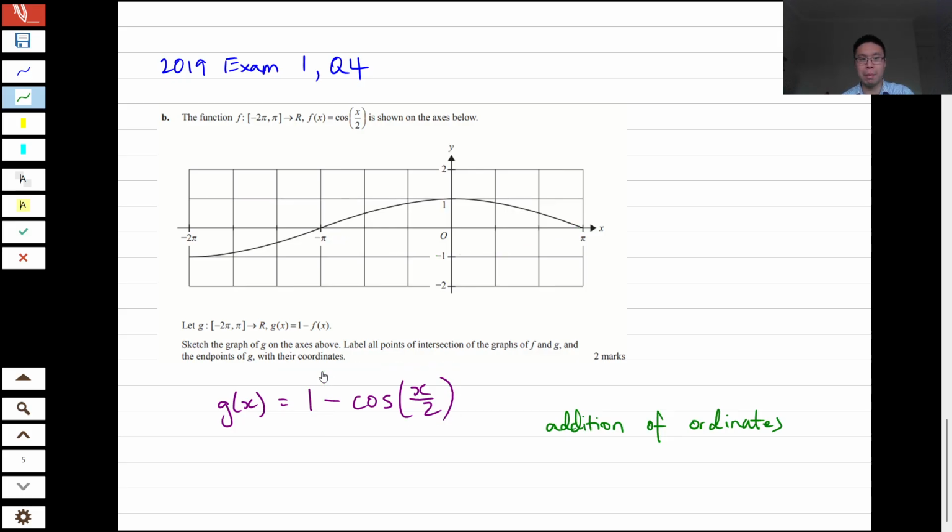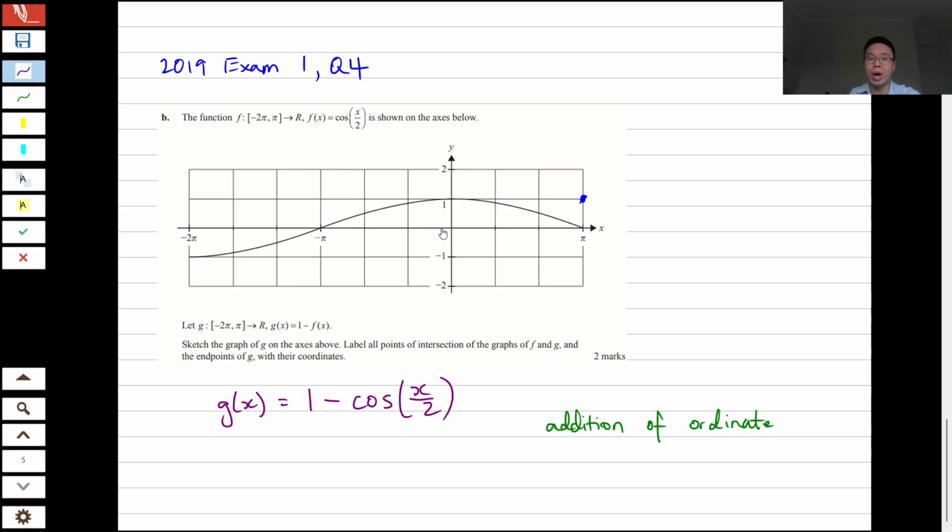So think about it this way. Let's start at the endpoints. So if I start at pi, if I take the negative of that, nothing has happened. And if I take 1 minus that, I just get 1. Now let's consider the y value 1. If I make that negative, I get negative 1.